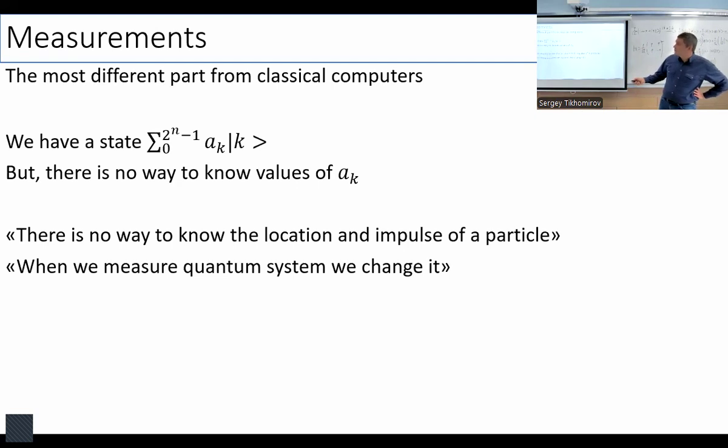But what is more important, when we measure a quantum system, we change it. This is less famous, but much more relevant to this situation. So we cannot know anything from the system without changing it. There is no way just to read AK. Whatever you do, you change the state.